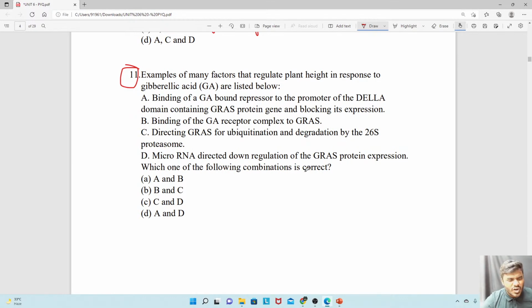It's not a difficult question, but the statement you have to remember here. Try it, no problem.